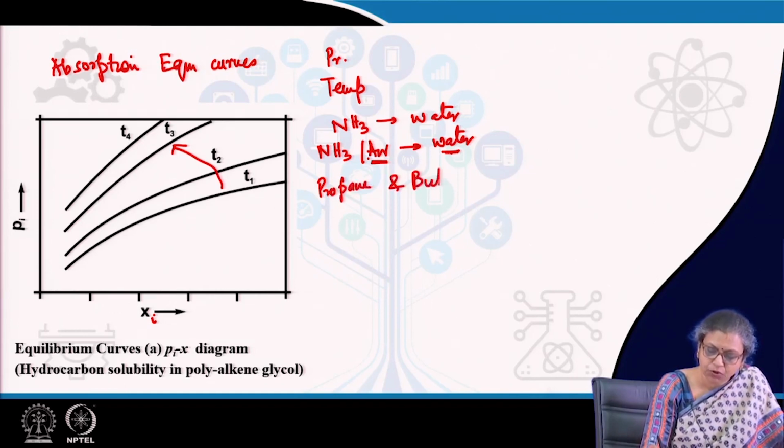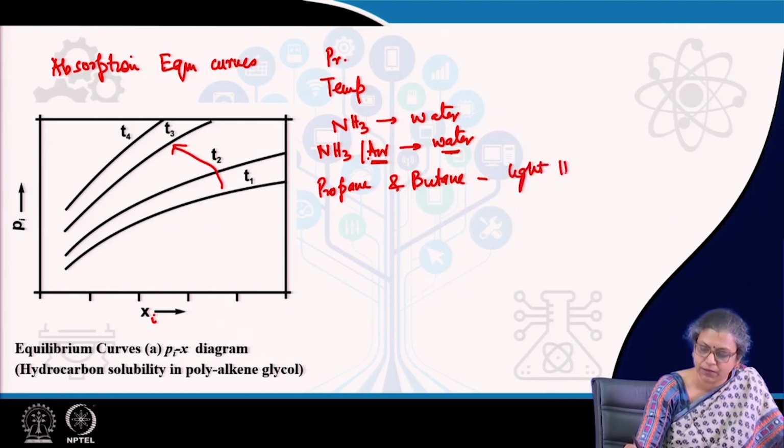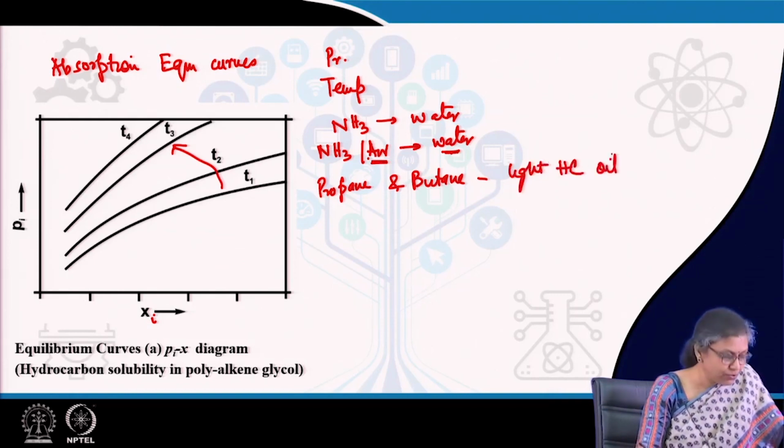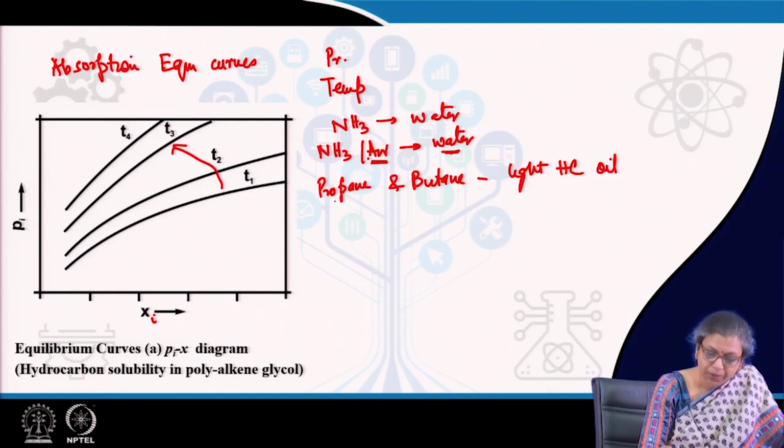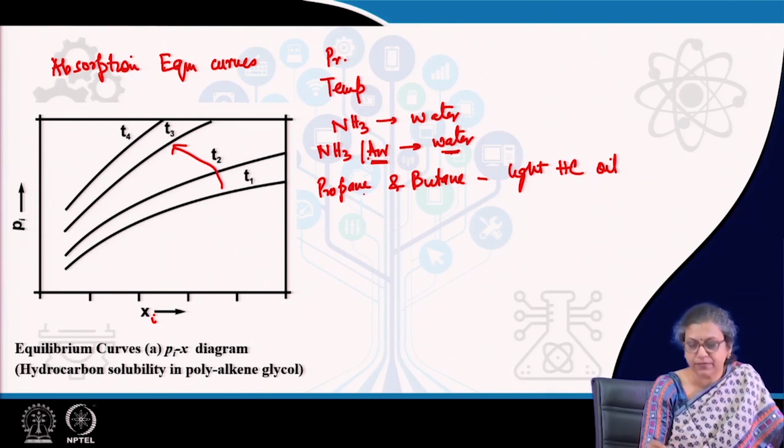Both of them can be absorbed by say light hydrocarbon oil. Now, in this case each of the components forms an ideal solution. So, for propane also, if we have this Pi versus Xi curve, that is going to be applicable for pure propane as well as in this particular mixture. The same thing is also true for butane as well.